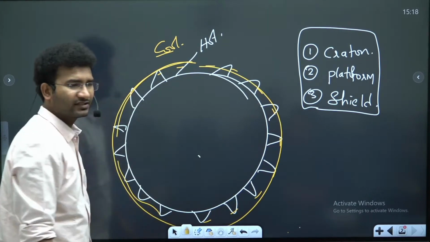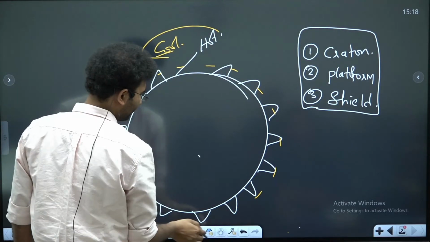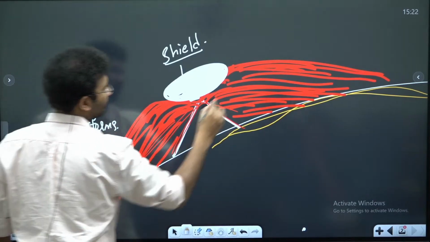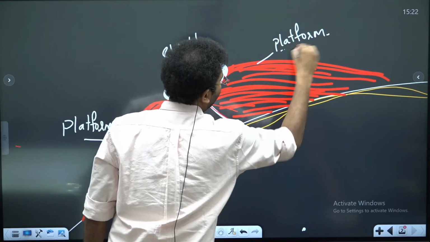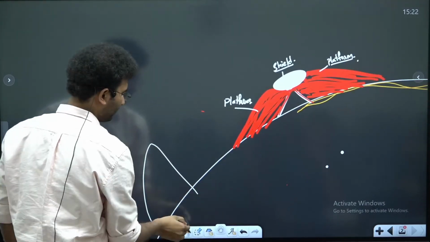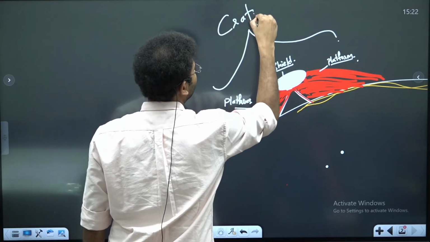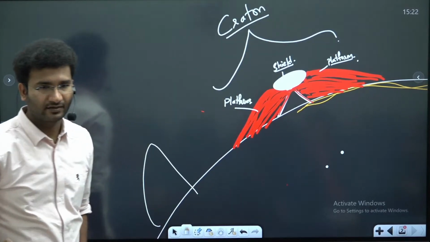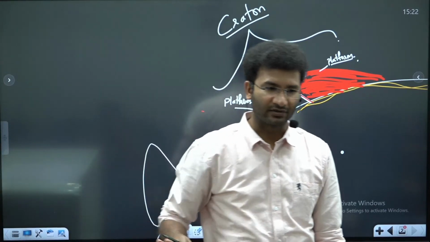In this cooling process, imagine that there are volcanic activities. These volcanic activities, this is a platform, this is a platform, right? And together, a shield and a platform, you'll call it a craton, right? Now India is nothing but a collection of cratons.